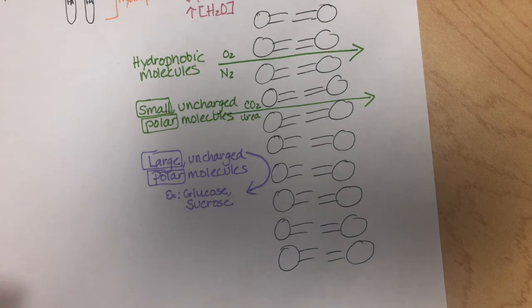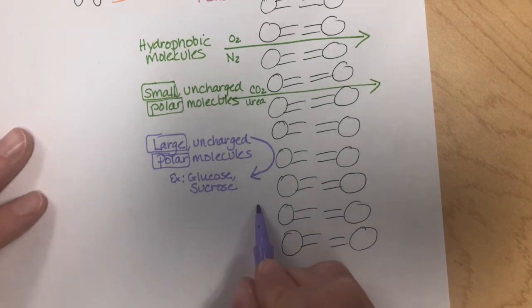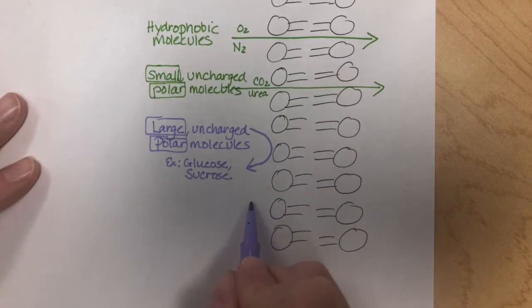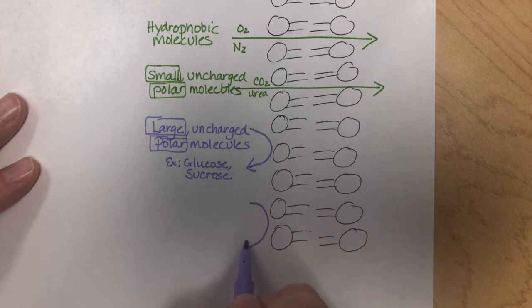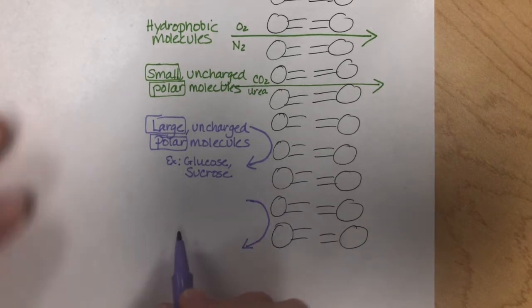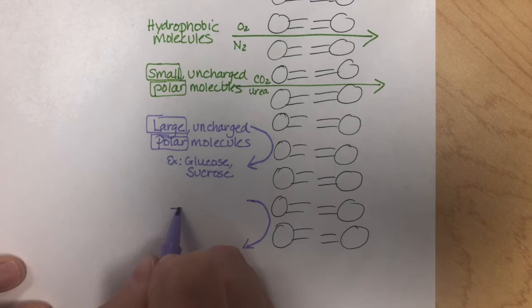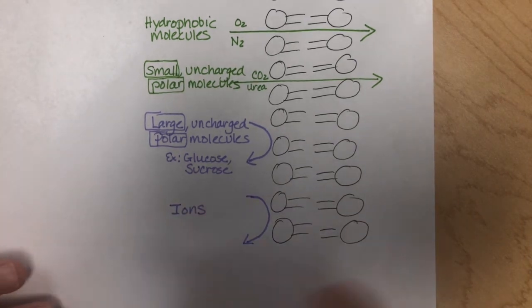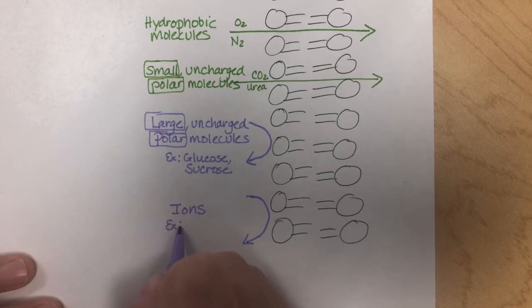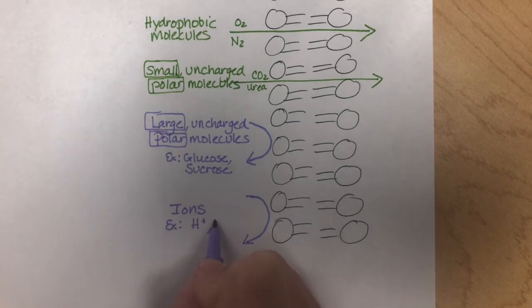And there's one other category that cannot get through the lipid bilayer. We're going to draw that here, with another ricocheting. In this case, it is ions. What are ions? Ions are atoms with a charge. For example, H plus can't get through. Sodium ions, potassium ions, chloride ions.